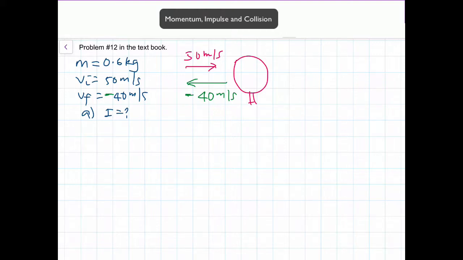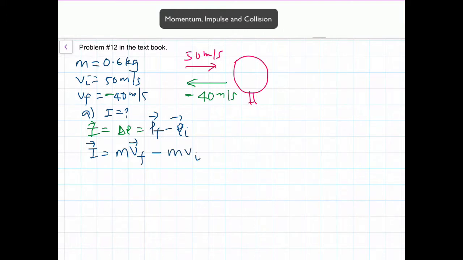So what we know is impulse equals change in momentum. The change in momentum means P final minus P initial. P final means mass times V final, minus mass times V initial.